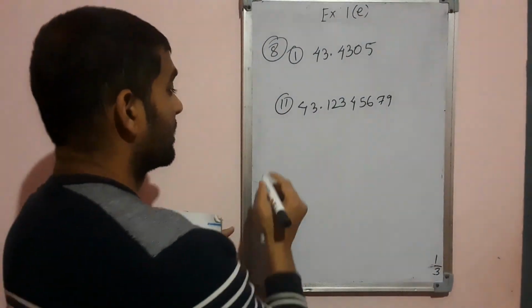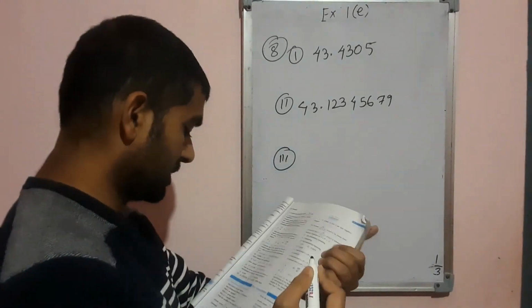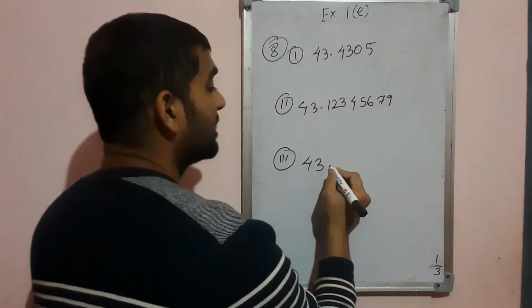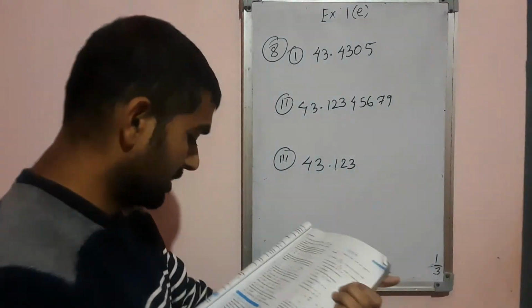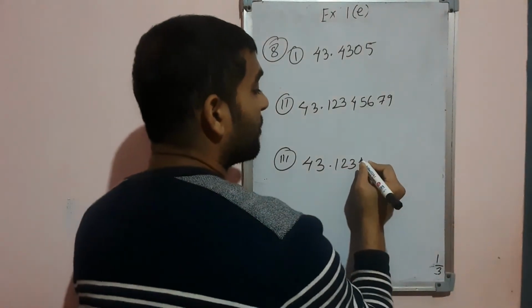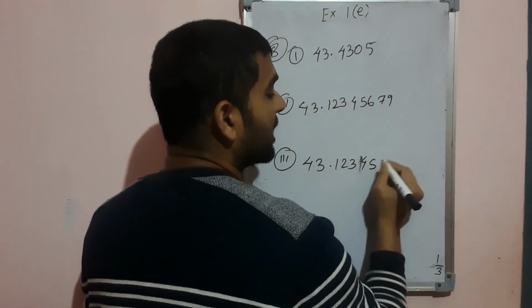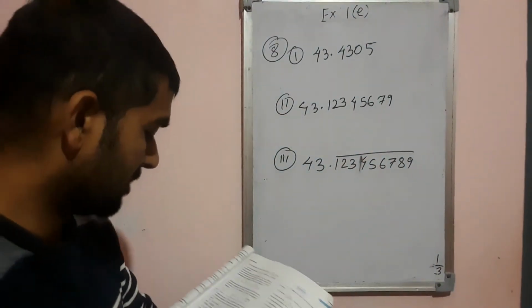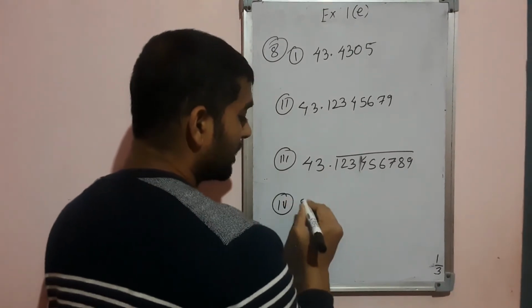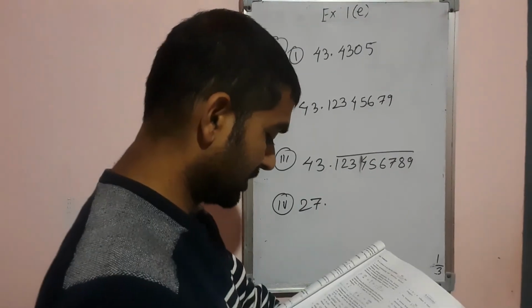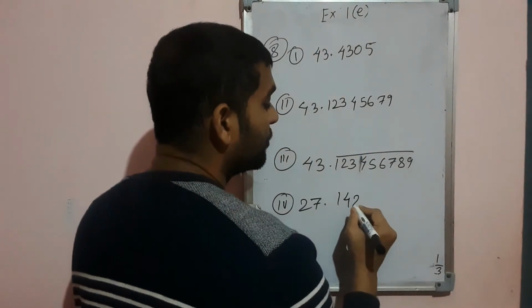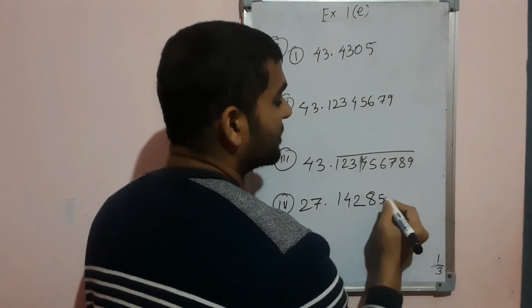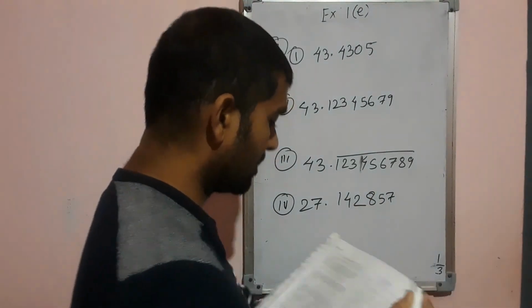Next we have number 3, 43.123 till 456789, and all are repeating. See here, number 4, 27.142857, bar is on all the numbers here.